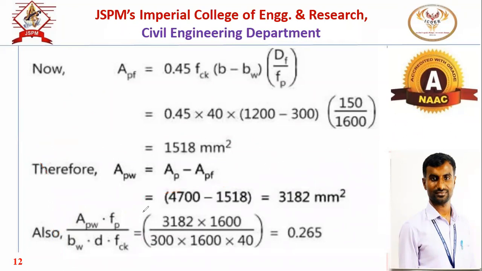Now putting all the corresponding values in the reinforcement ratio: area of pre-stressing steel in the web portion, high tensile steel stress, width of the web portion, depth d, and the grade of concrete. So we will get the reinforcement ratio as 0.265.